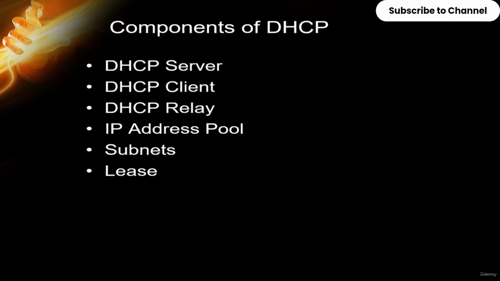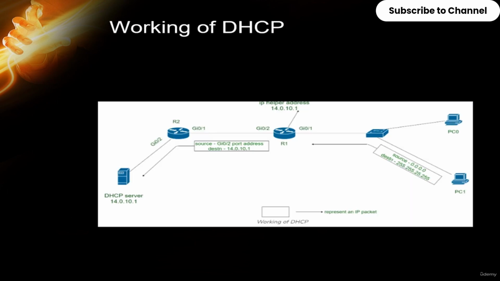Once the communication has expired, the tenant, that is the client, needs to request a new assignment. If you see the working of DHCP in this diagram, it has two clients, PC0 and PC1, and a server. How is the connection established here? The client can use the TCP/IP protocol on the application layer with the needed DHCP functions.